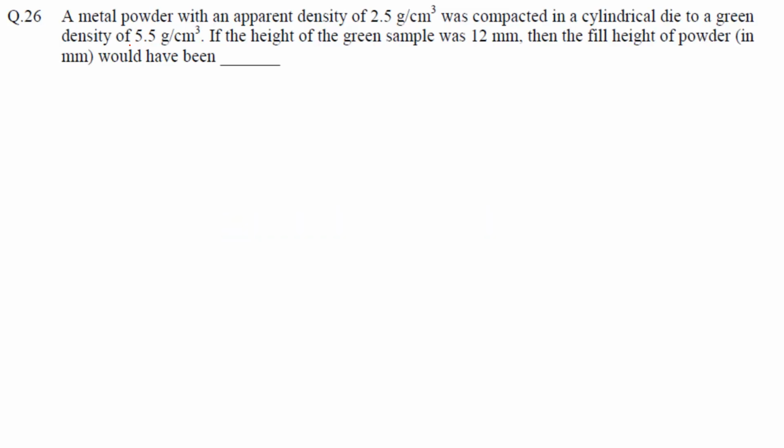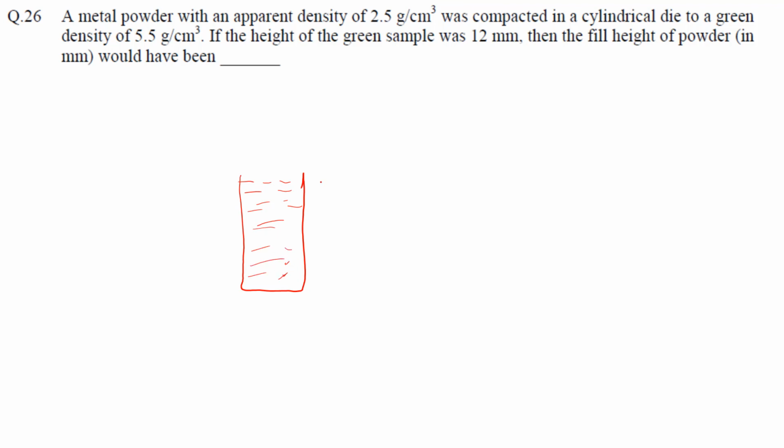The 2 marks question. A metal powder with an apparent density of 2.5 gram per cubic centimeter was compacted in a cylindrical die to a green density of 5.5 gram per cubic centimeter. If the height of the green sample was 12 mm, then the fill height of powder in mm would have been? Okay, so we have a cylindrical die. Now here we put the powder.